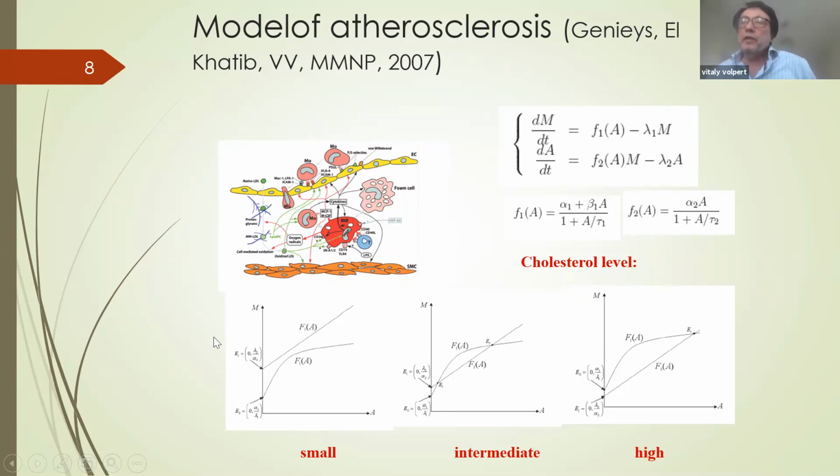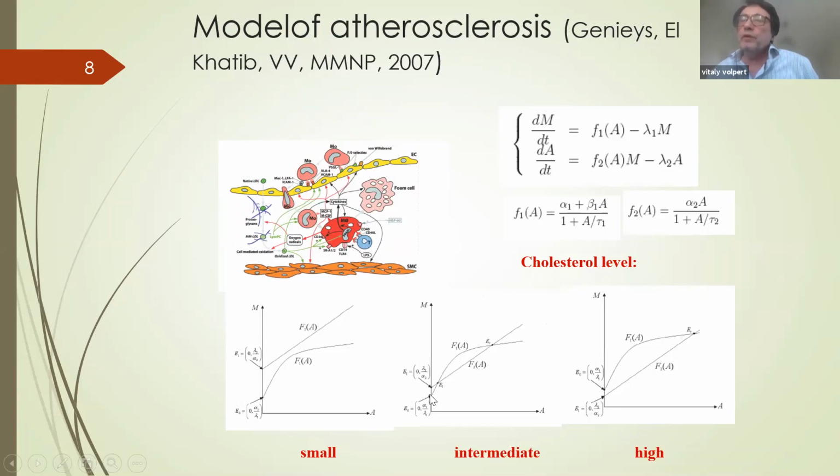And what we find is that there are different cases, as we discussed before, with respect to the number and the stability of stationary points. In this case, shown here in the left figure, there is only one stationary point, and it is globally asymptotically stable, and the disease does not develop. In this intermediate case shown here, there are two stable stationary points.